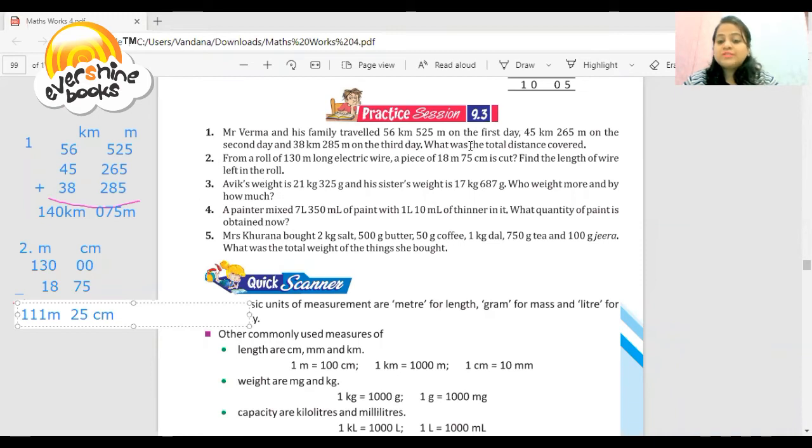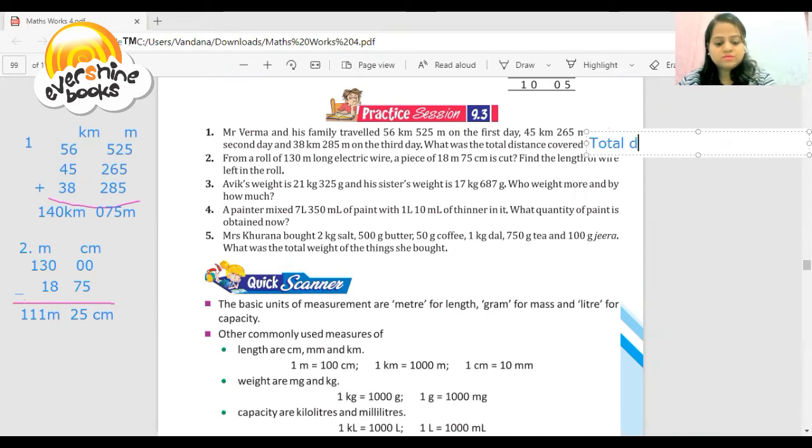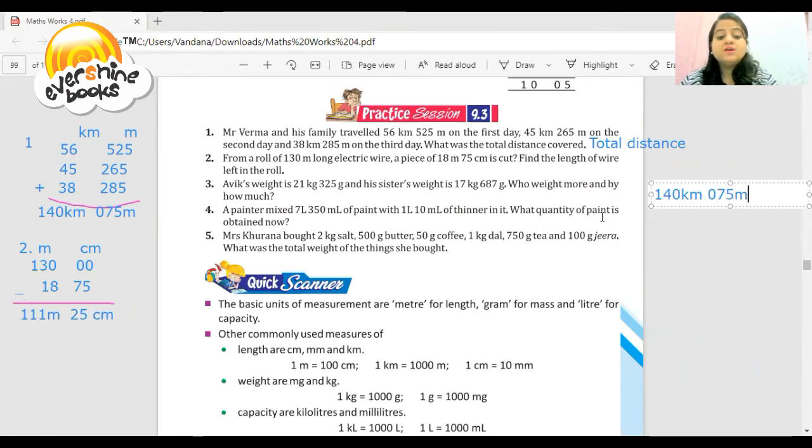It means the total distance was 140 kilometer and 75 meter, covered by Varma and his family.